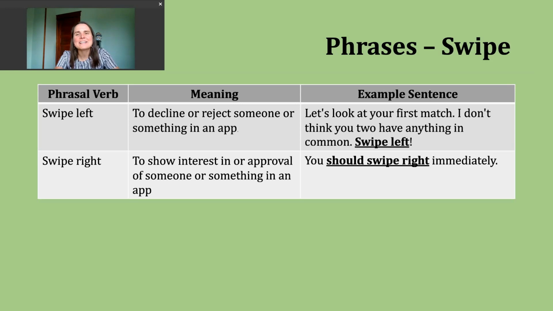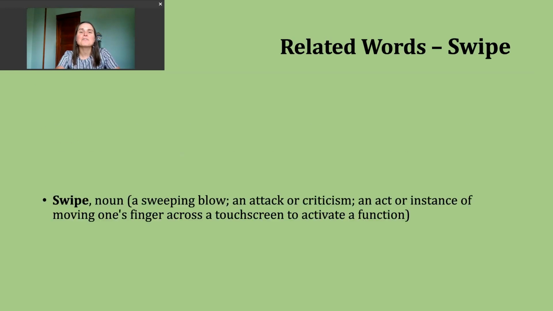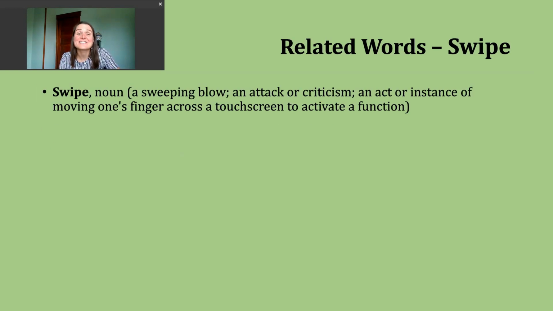Now let's spend a moment to look at some other words related to our verb swipe. The first word we're going to look at today is just the noun form of this word. The noun swipe has the exact same spelling and the exact same pronunciation.